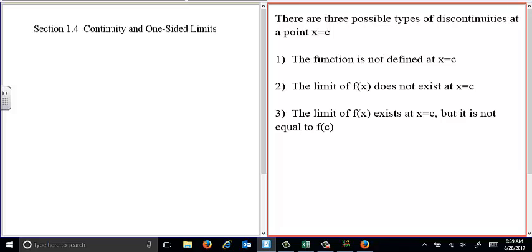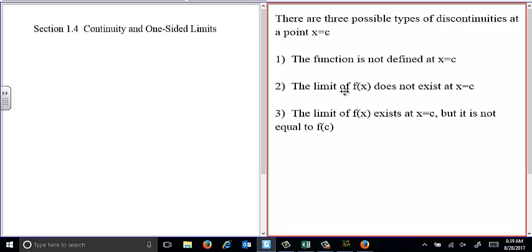Another case is a stepwise function where you just decide not to define it at a particular point, but that's a discontinuity.